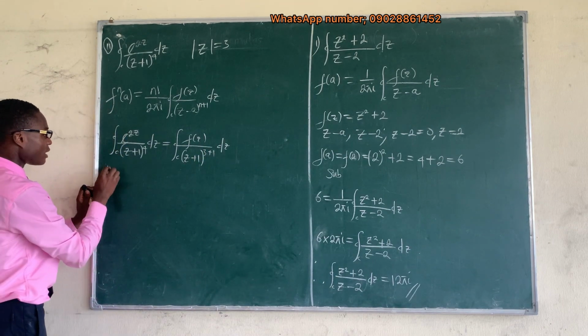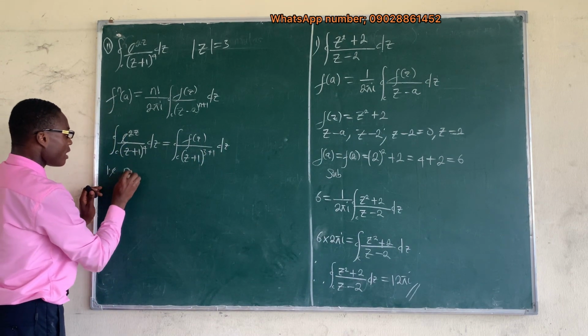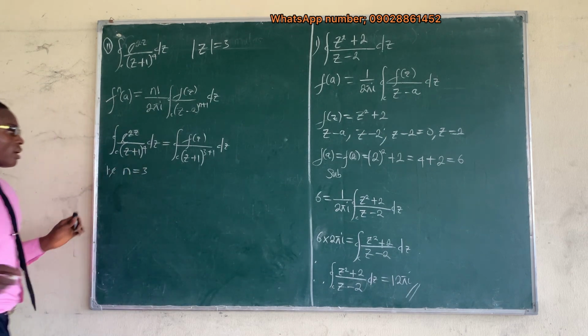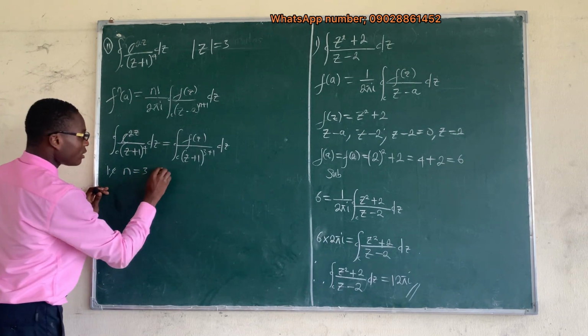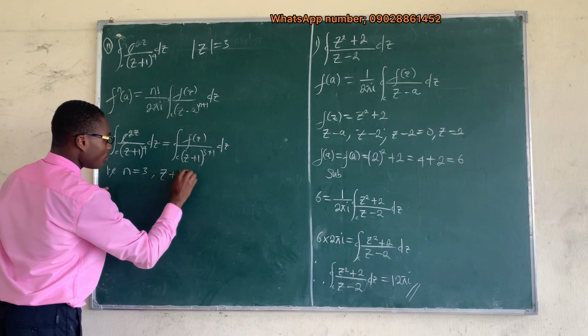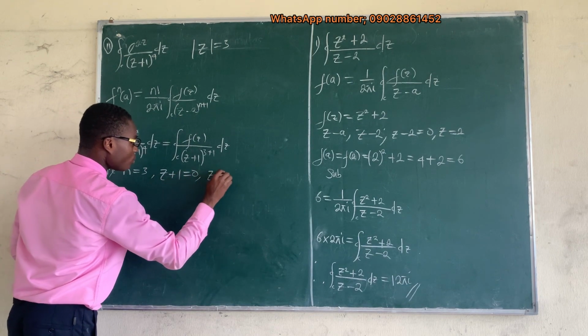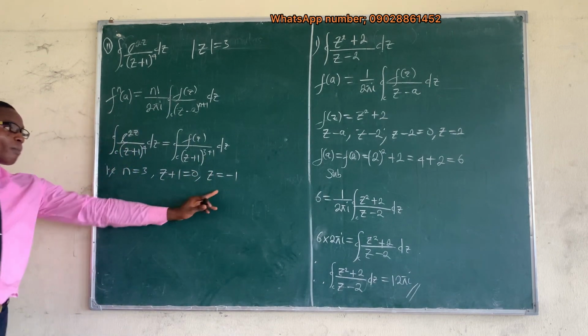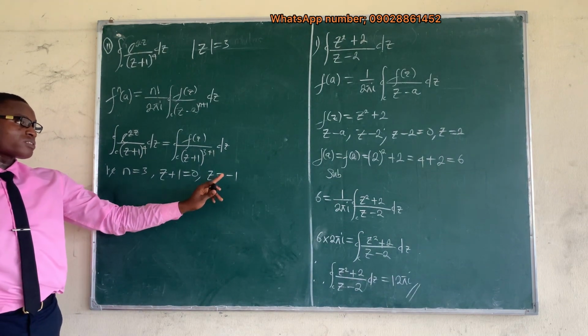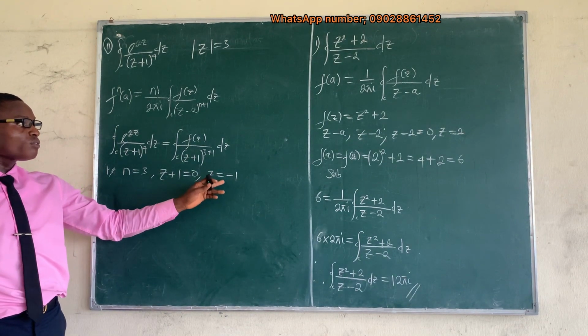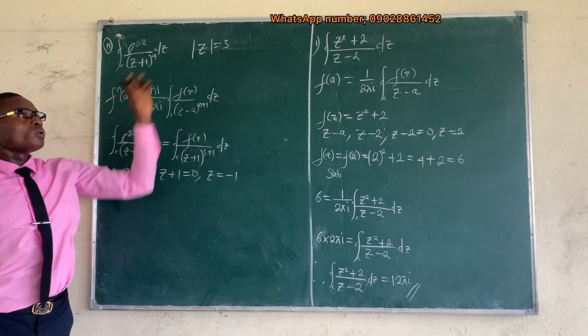So this implies that n is equal to 3. And z plus 1 will be equal to 0, so z will be equal to minus 1. So minus 1 is the singular point. And we have seen that the singular point is interior to the circle.